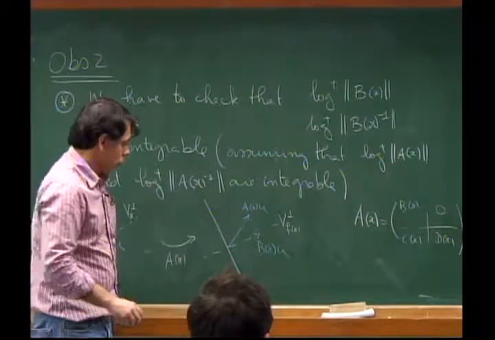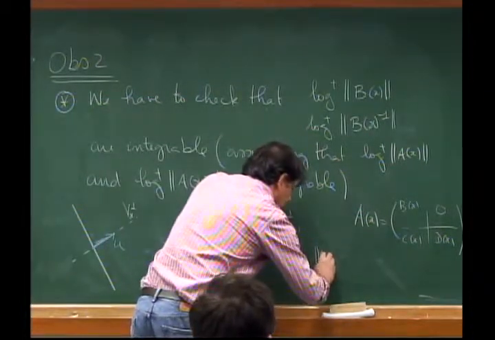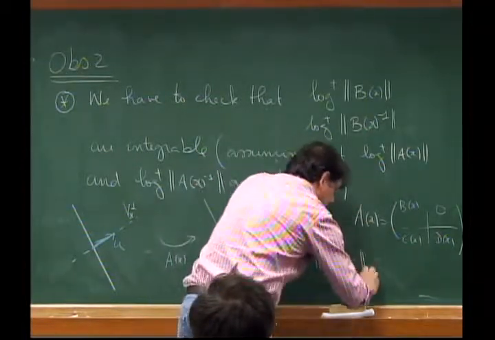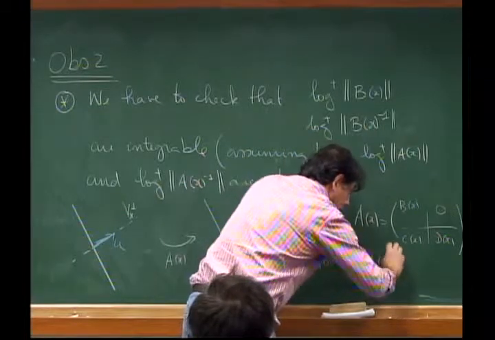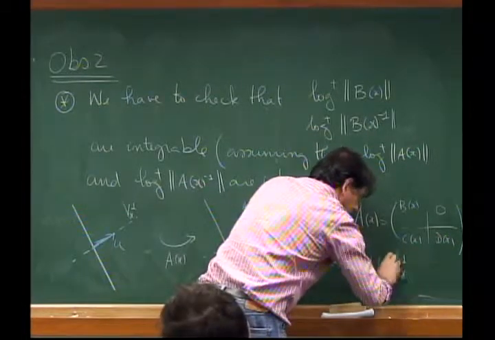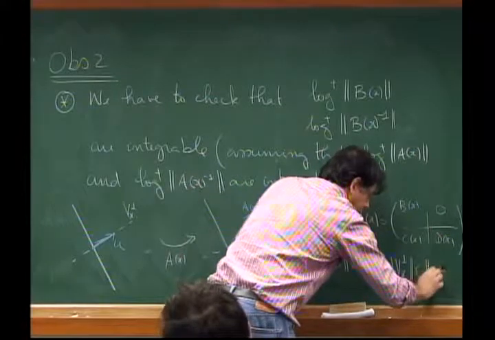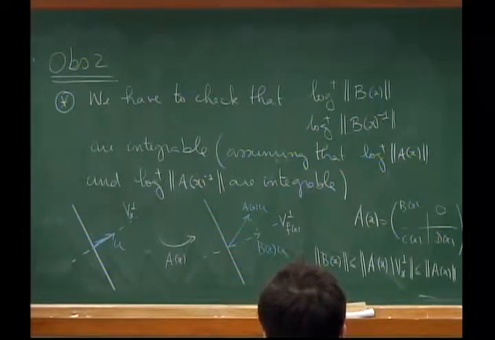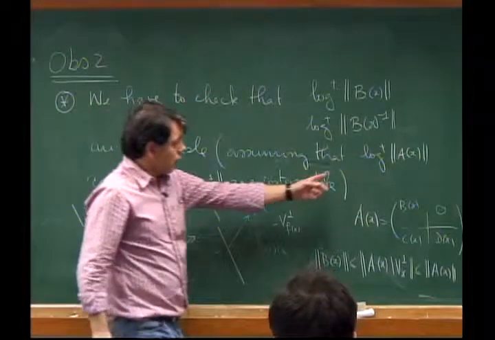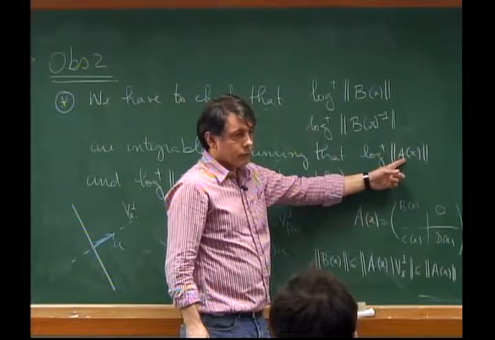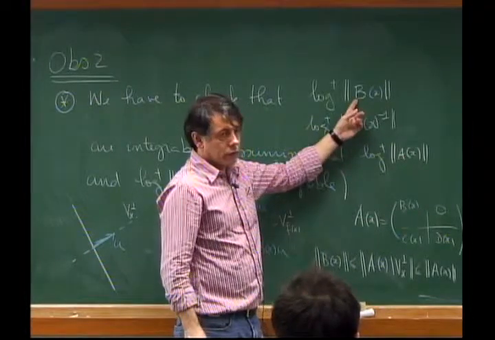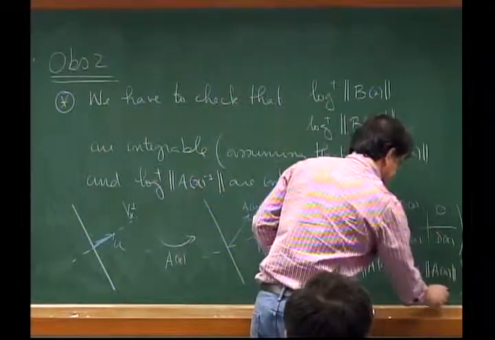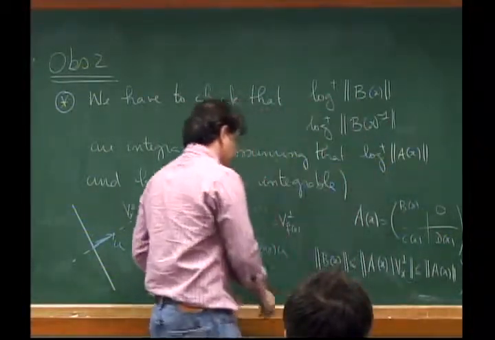So the norm of Bx is less or equal than the norm of Ax restricted to Vx orthogonal, which is less or equal than the norm of Ax. So if the log of A is integrable, this is integrable. You have to notice that this has to be checked, but checking it is very easy.